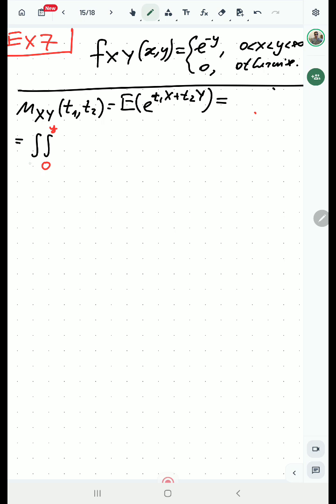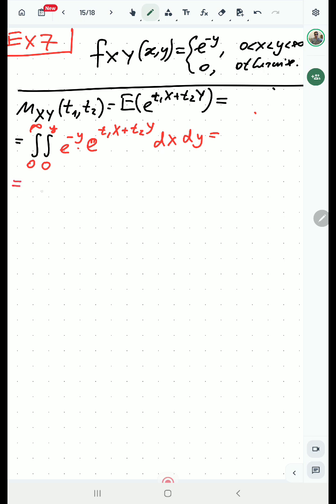So the y is going to run from 0 to positive infinity. And then this is the integral that you have to evaluate: e to the power minus y times the function whose expectation we want to find, t1x plus t2y. First we are integrating with respect to x, and then with respect to y.